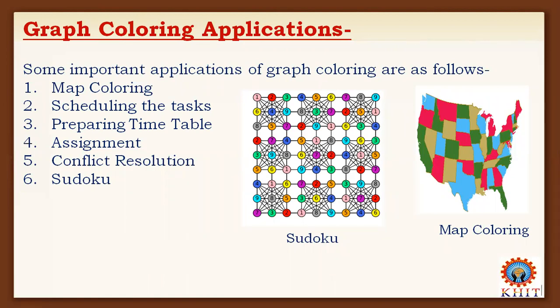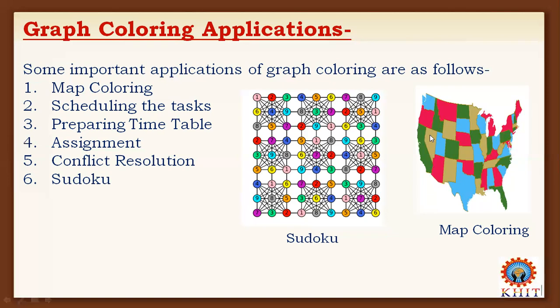states which are available in India with the minimum number of colors, and that is done by the concept of the graph coloring problem. Here, the borders are colored with different colors.